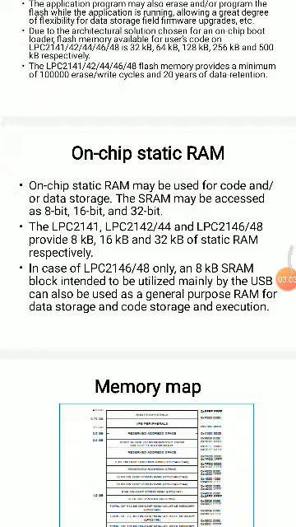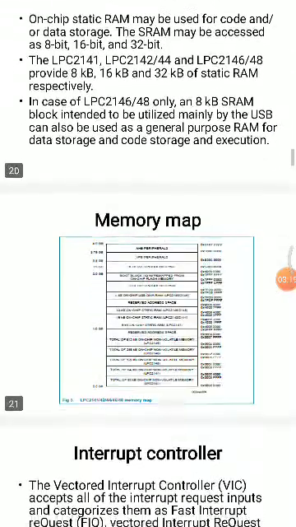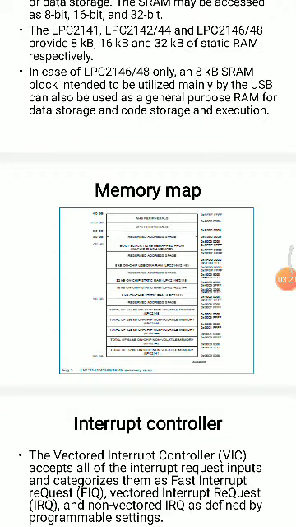The LPC 2146 and 2148 have an additional 8 KB of SRAM block intended to be utilized mainly by the USB, which can also be used as general purpose RAM for data storage and code execution. These are all the memory map of ARM LPC 2148. It has the AHB, ARM bus architectures, on-chip flash memory and reserved address bits. So these have both volatile and non-volatile memory.